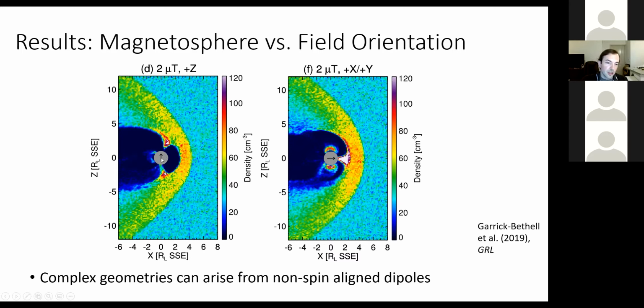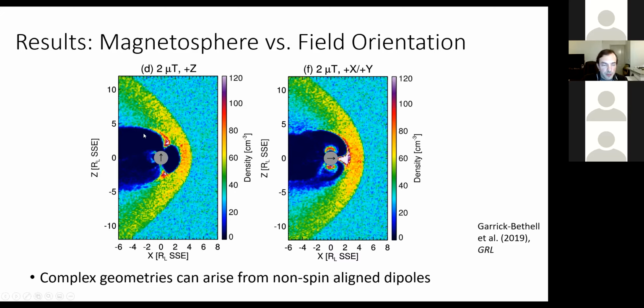But that may not be true. There are scenarios where the North Magnetic Pole can be at the equator, and there's some evidence that may have happened on the Earth, and it may have happened on the Moon. So we simulated both of these conditions, and you can see that you get a North Magnetic Pole here, and you have a cusp region.